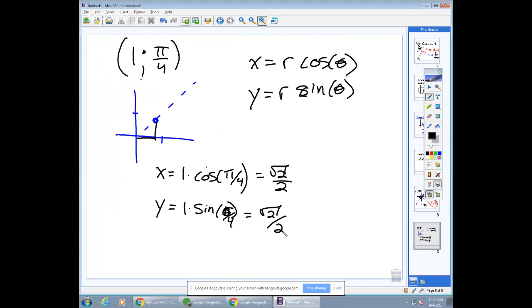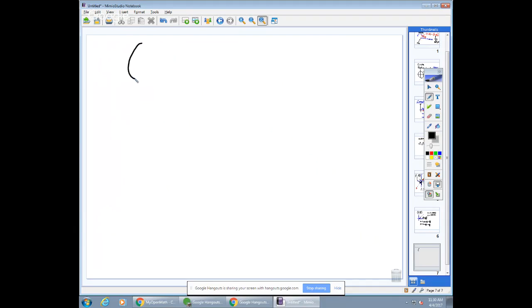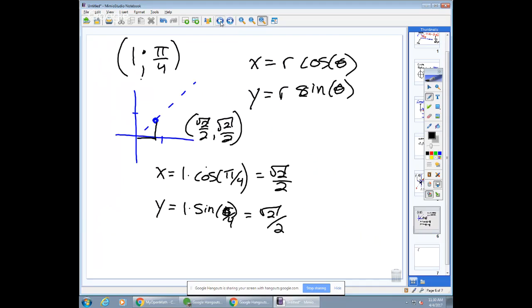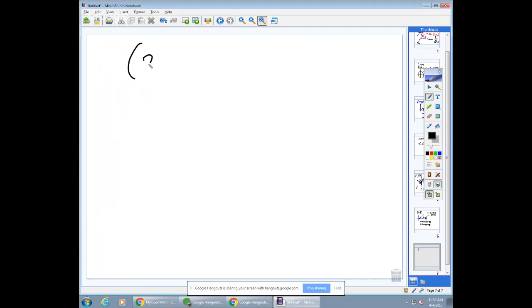So now I know rectangular: square root of 2 over 2, comma, square root of 2 over 2. Suppose I had the point 2, 3 in rectangular.